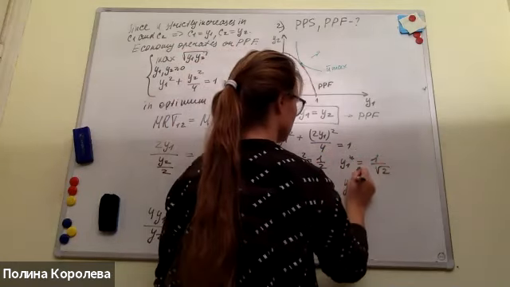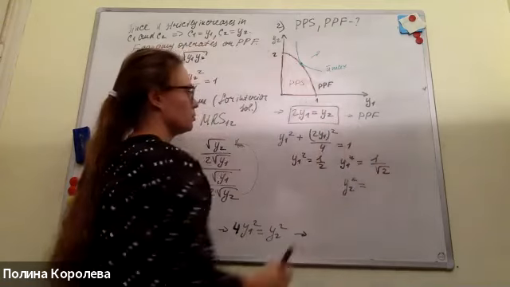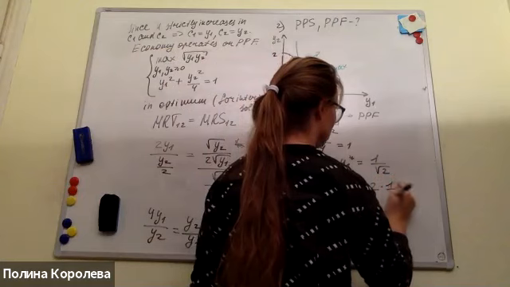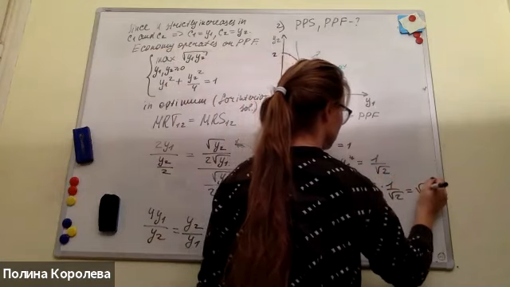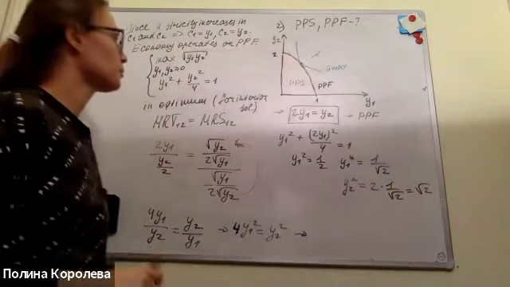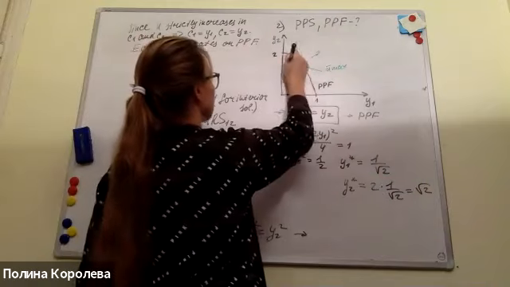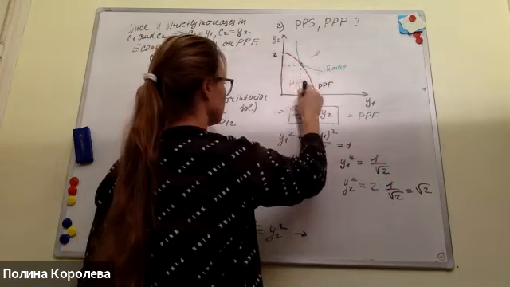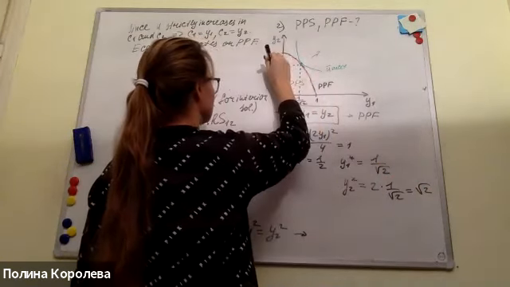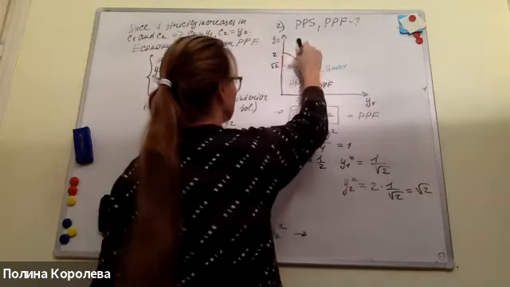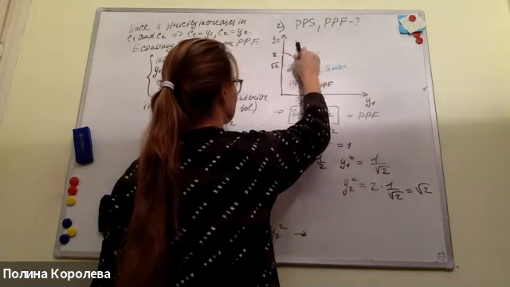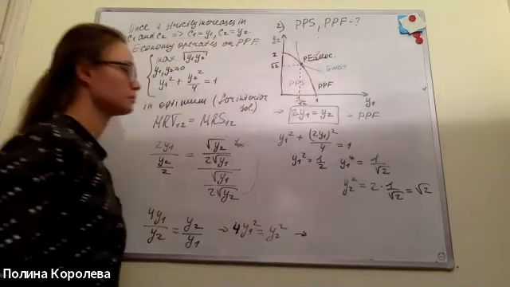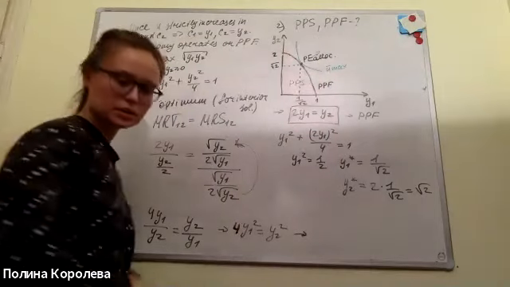And y2, put into our proportion, will be equal to 2 multiplied by 1 over square root of 2. This is square root of 2. So this point will be 1 over square root of 2, square root of 2. Pareto efficient allocation. This is the answer.